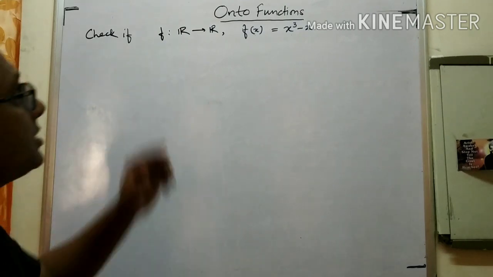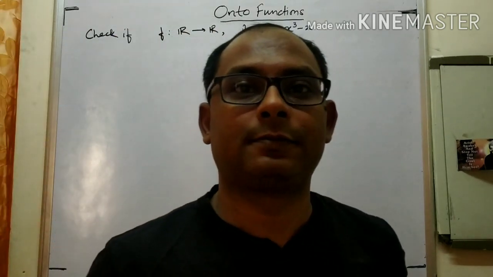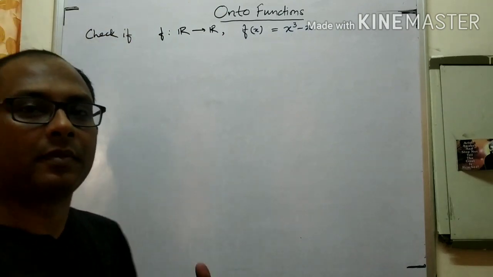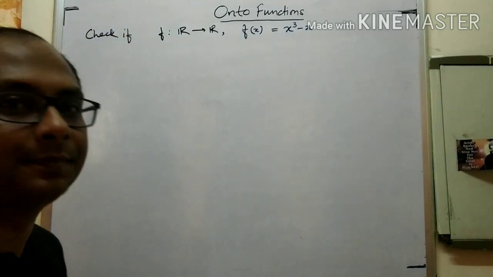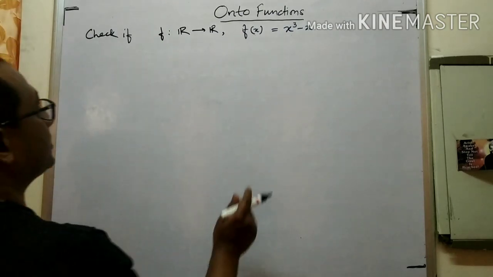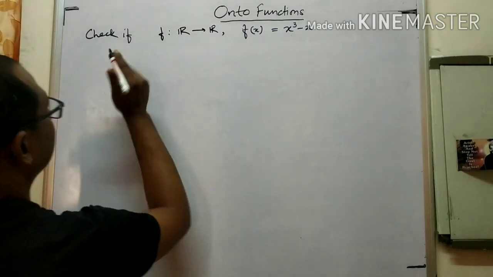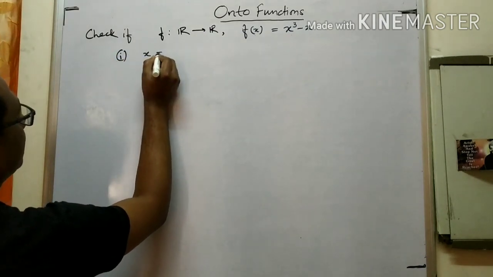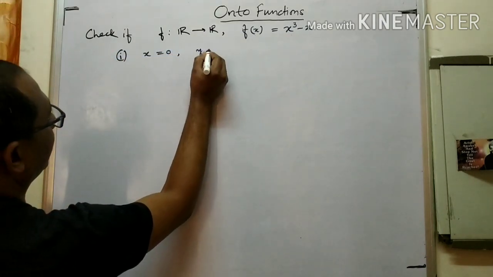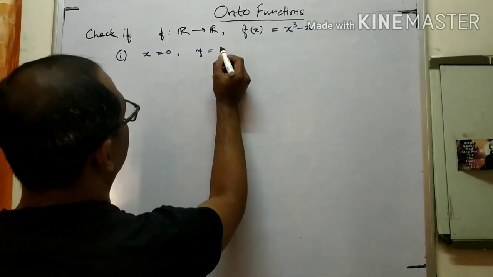Okay, check whether it is onto. For doing this question, I'll take the help of the graph, and I'll bring a little bit of calculus concept out here. To draw the graph, these are the things I need to check: when x equal to 0, what is the value of y? When x equal to 0, y equal to 0.